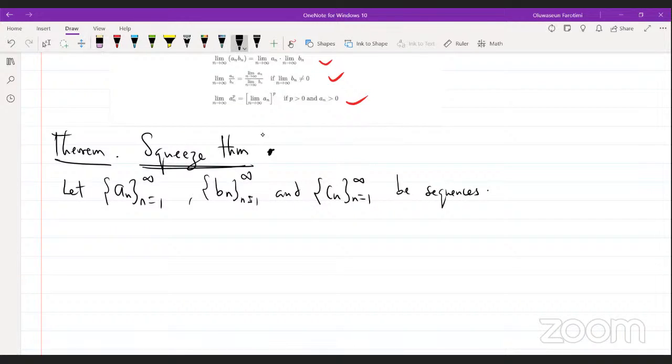Assume that the limits of AN and the limits of CN as n goes arbitrarily large, suppose they give you the same limit.